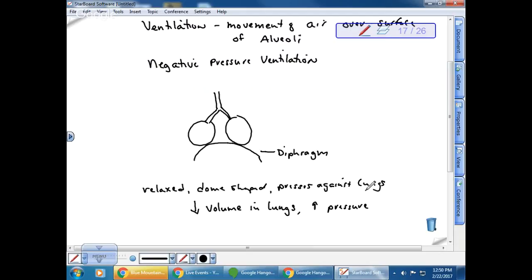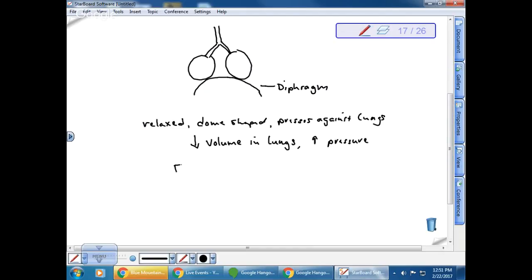Just like if you decrease the volume of a balloon by squeezing it and making it smaller, the air in your balloon will exert more pressure, and it'll be likely to pop. But in this case, we have a valve where air can move out, right? So in this particular instance, this would be exhalation, or breathing out.